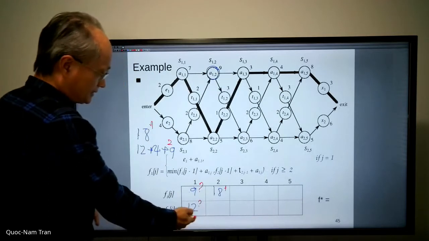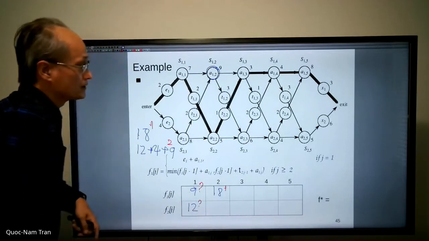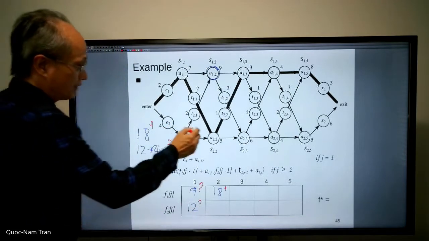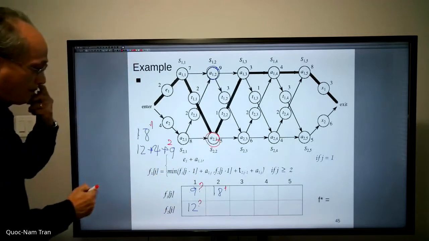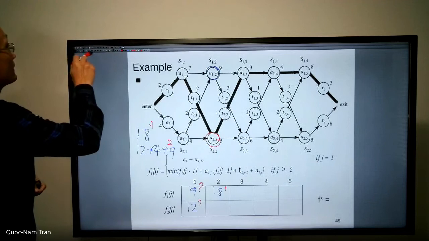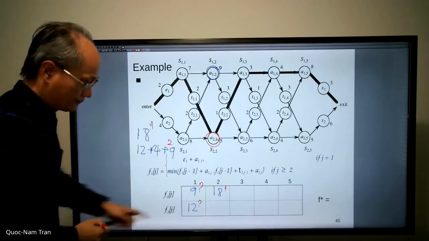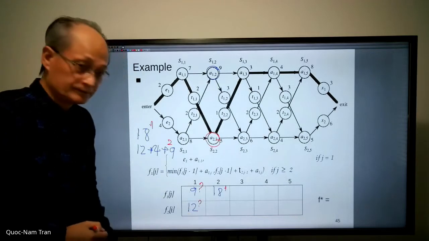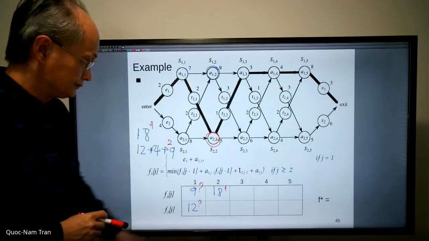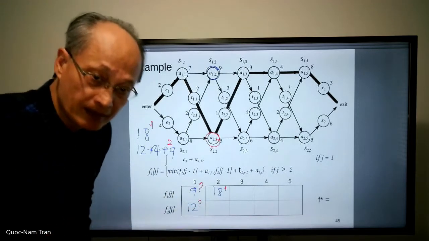Now similarly, we have f2,2. What would be the value at f2,2? Fill in the values here for me.